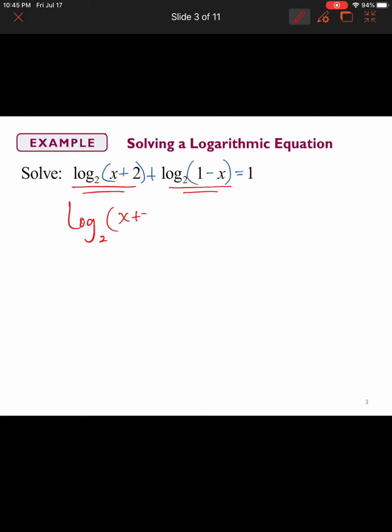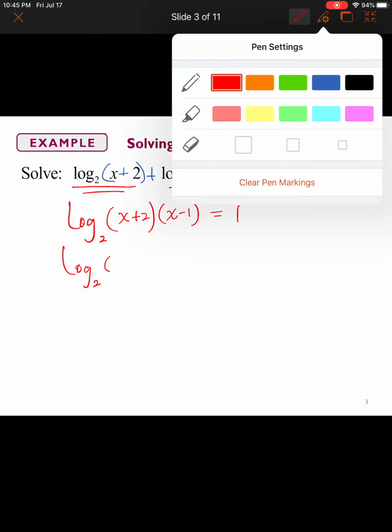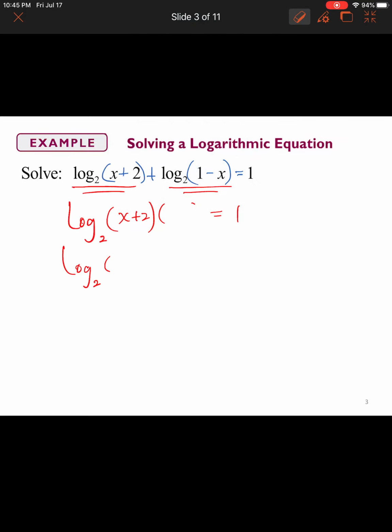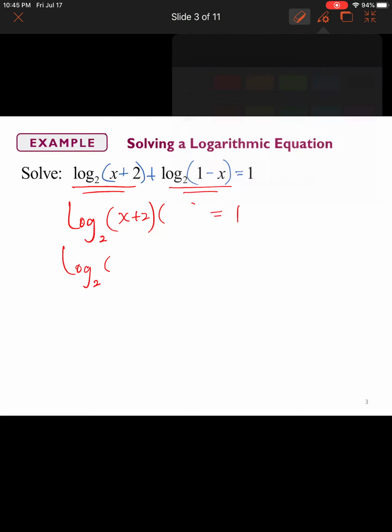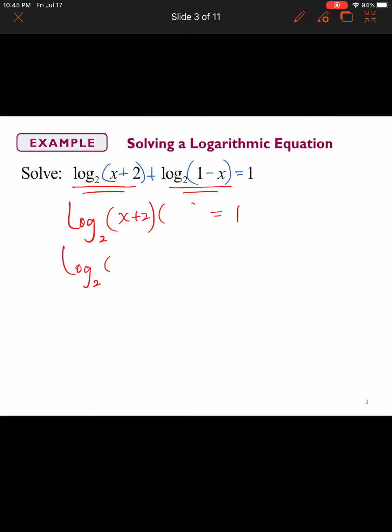So we have log base 2 of x plus 2 times x minus 1, equal to 1. And we will simplify that side. We have log base 2 of, and that's supposed to be 1 minus x. I have to catch my little errors. But I'm only human.